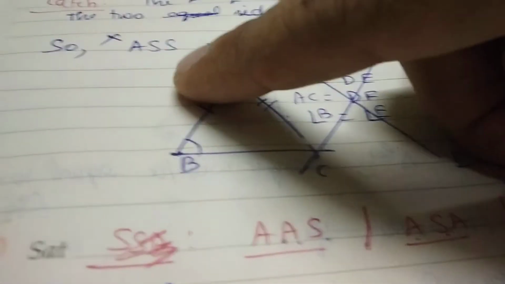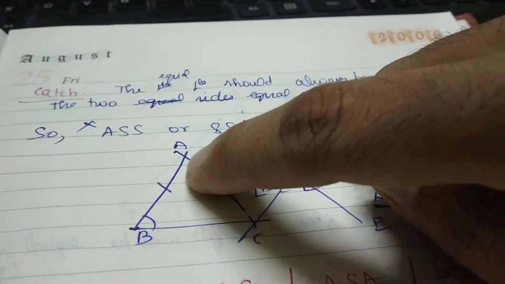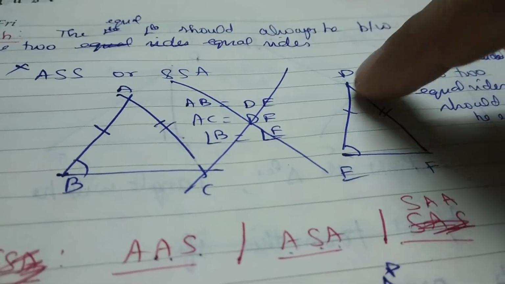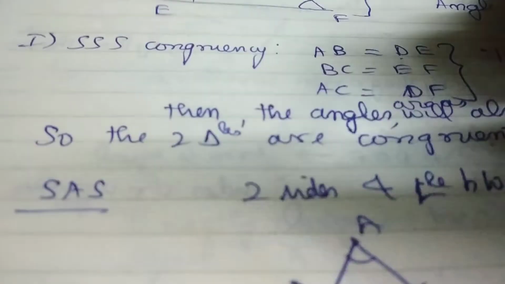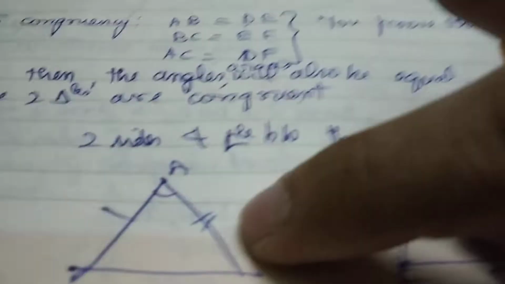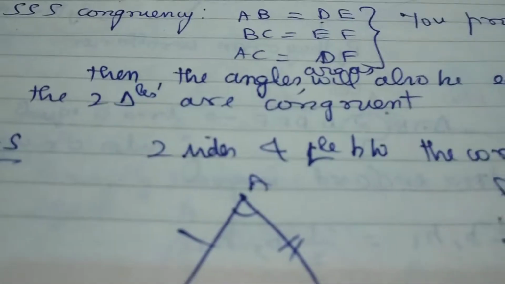Because for SAS congruency, we have to prove only the included angles are equal. Okay, that is SAS congruency. See the order perfectly. SAS. So side, angle, side. This is one side, this is another side, and this angle should be between the two sides. Okay, this is SAS congruency.